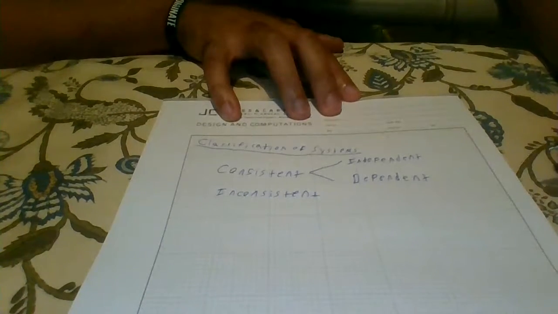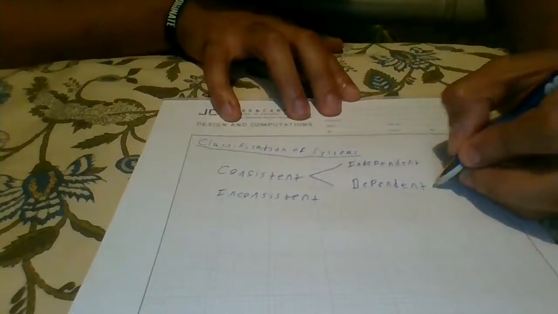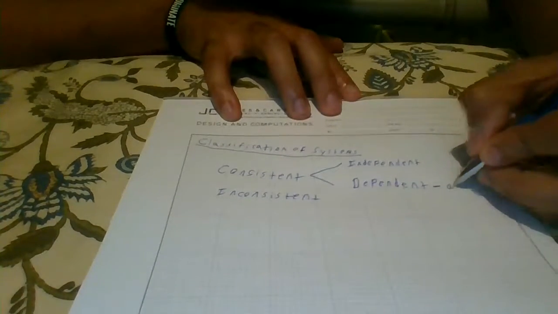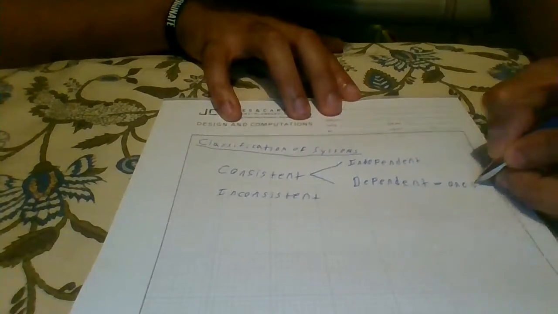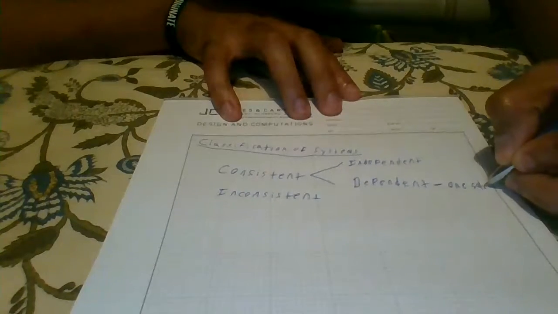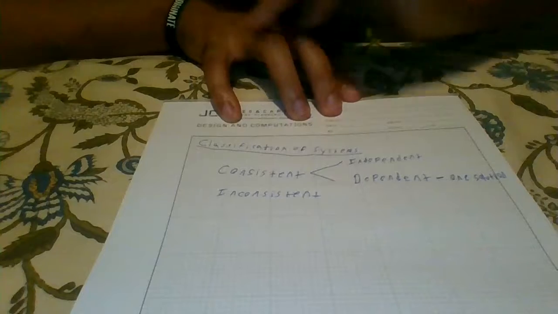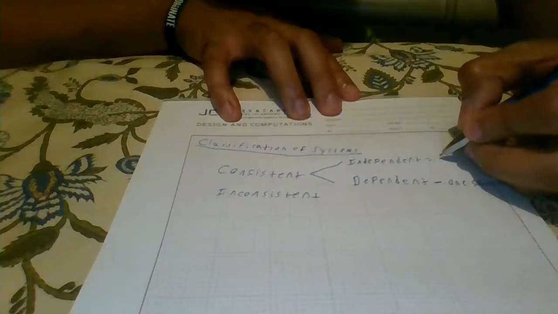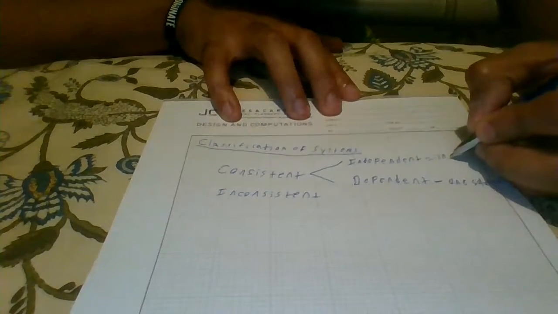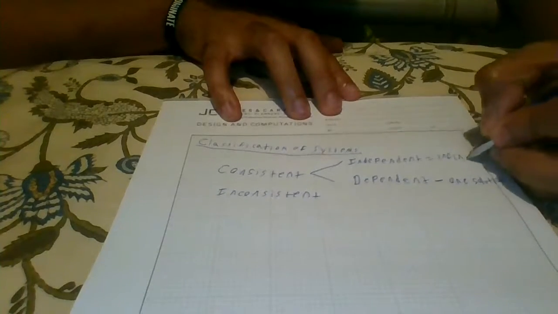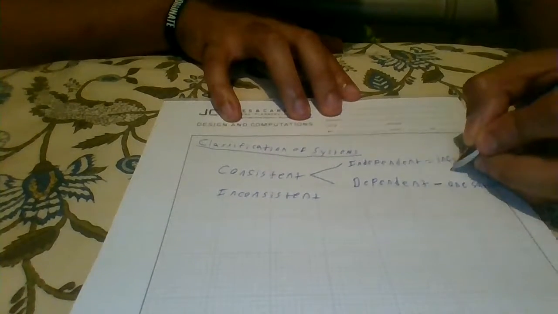What do you think dependent means? Okay. Dependent tells you that the solution depends on something else. So in other words, dependent is your one solution equation, while your independent is your infinite solutions.